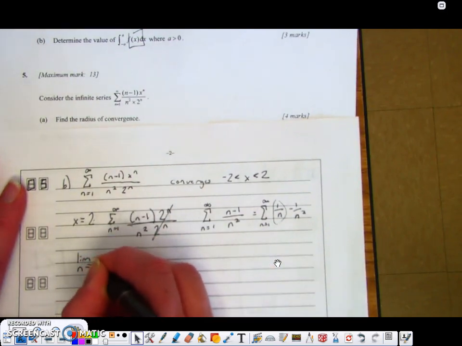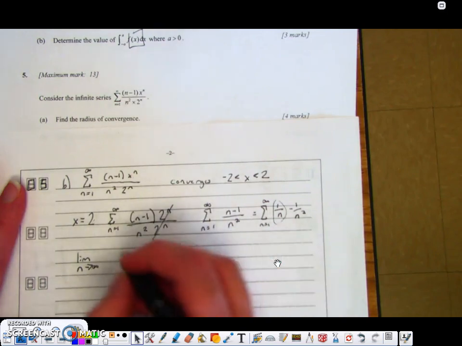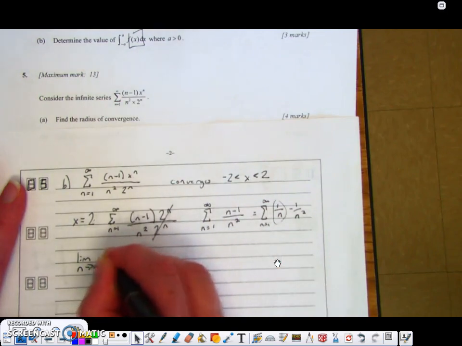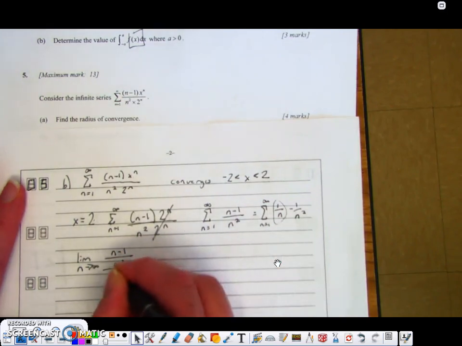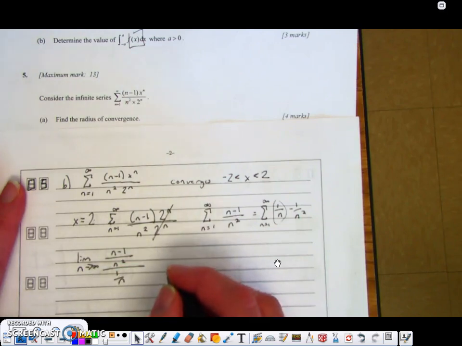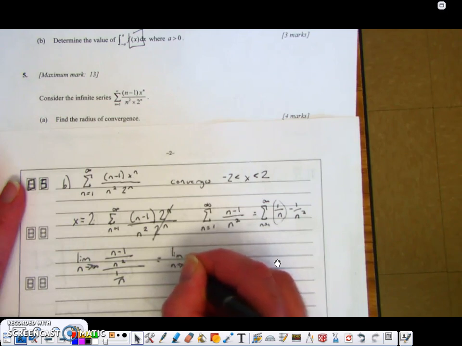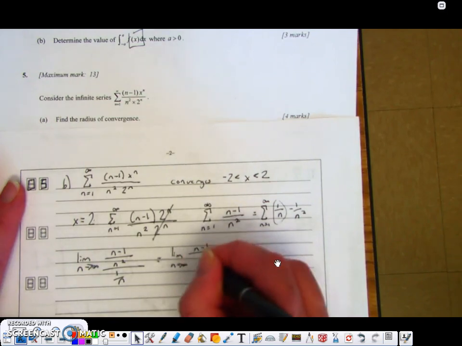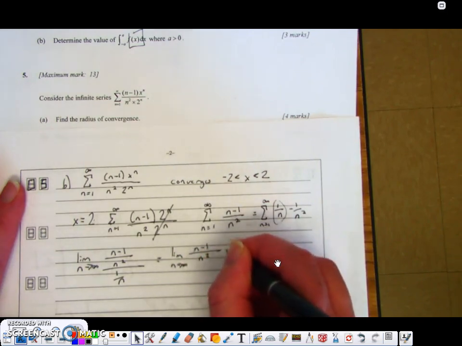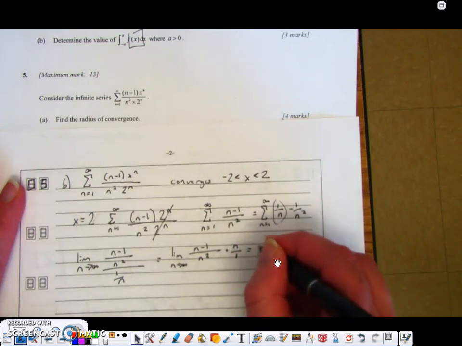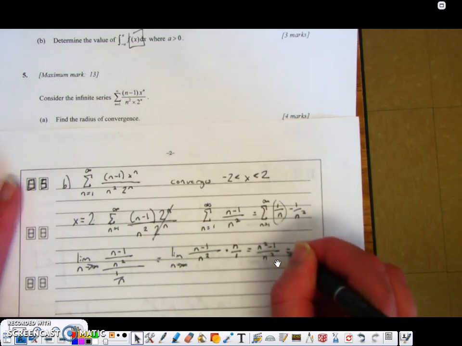I'm going to do the limit as n approaches infinity of my series over the series I'm comparing to. This equals the limit of n minus 1 over n squared times n over 1, which gives n squared minus n over n squared, which equals 1.